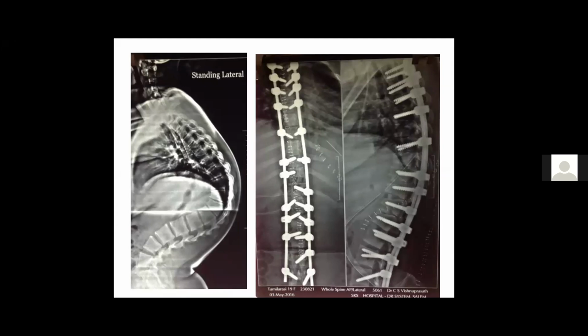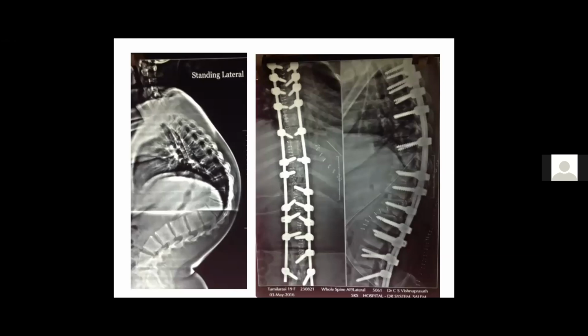PJK is a problem in Scheuermann's, because if you follow up these patients or read the Scheuermann's paper on this, now in the UK and all, they have stopped doing surgery for Scheuermann's kyphosis for curves less than 80 degrees. Up to 80 degrees, it's only conservative, unless pain is a major factor.